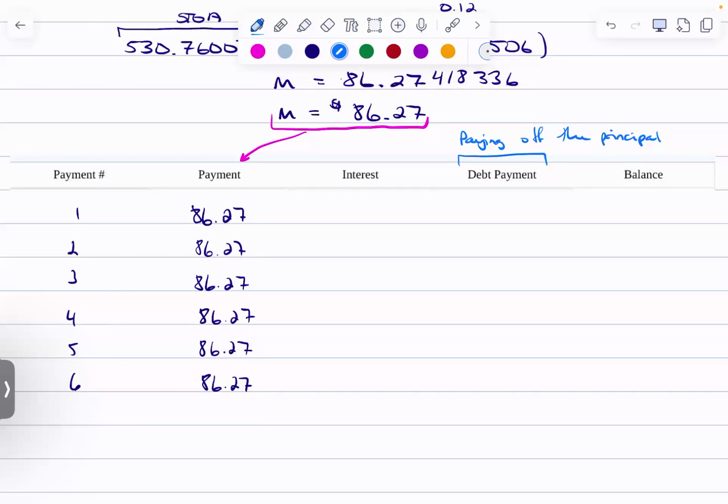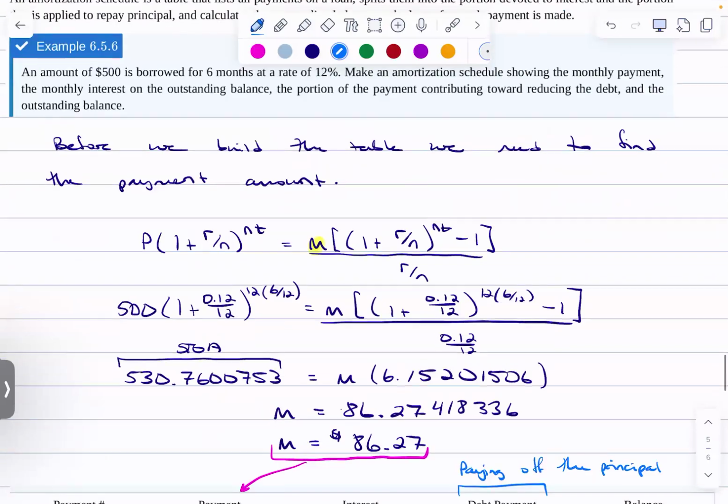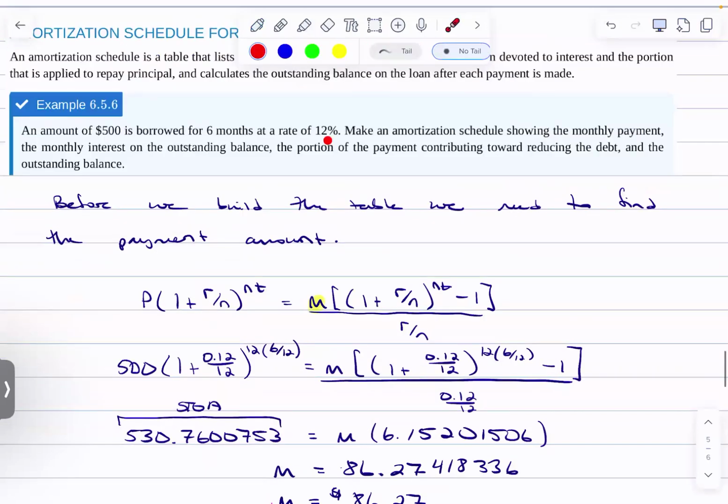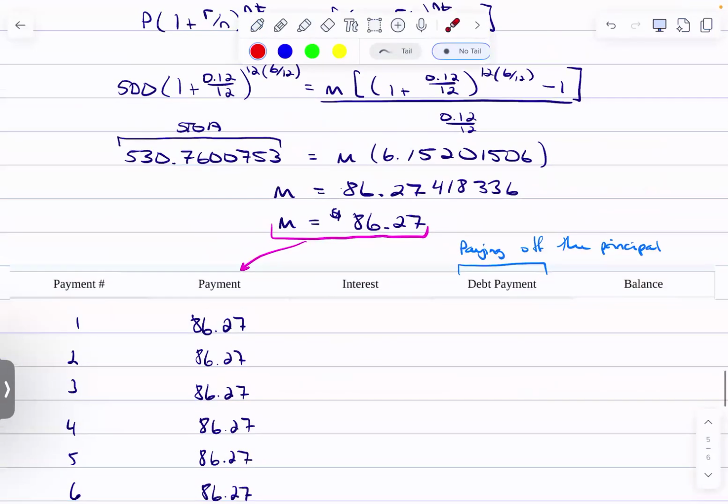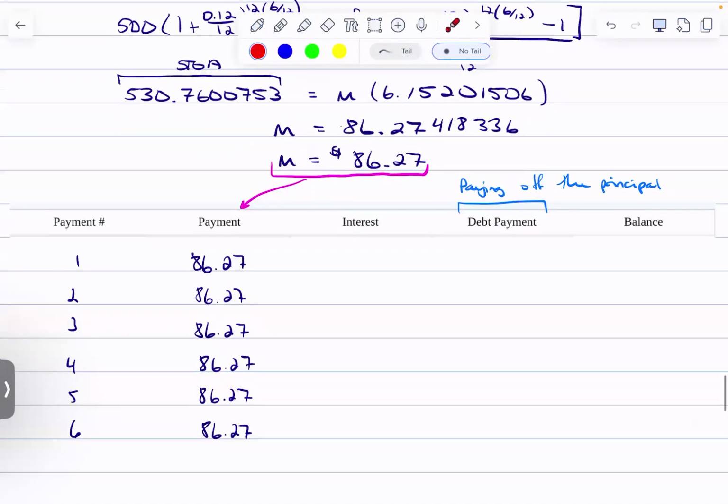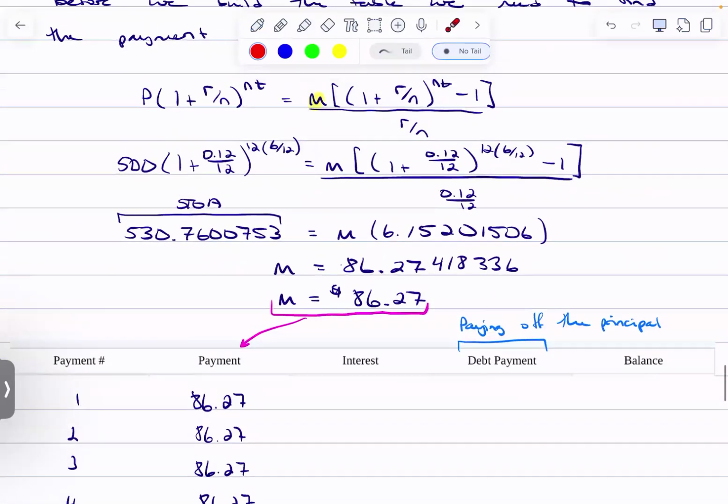How much do you have to pay in interest? We committed to paying 12%. That's per year. So each month I need to pay a 12th of 12%.